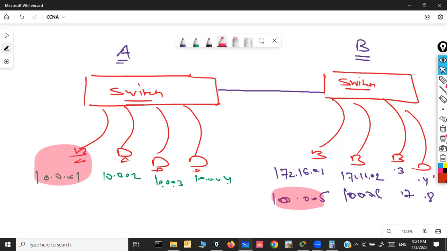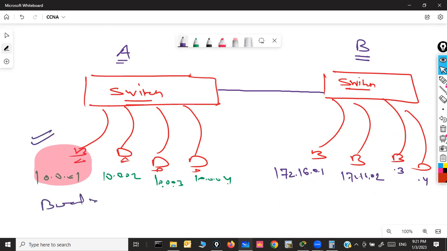Why? Because if we do not do network segmentation, meaning we assign IP addresses from the same network and subnet, then what would happen? If this computer generates any broadcast traffic, for example, broadcasts are unknown traffic, and there is a lot of broadcast traffic in the network.